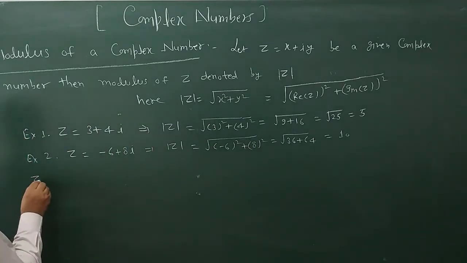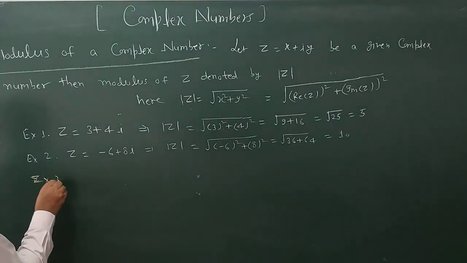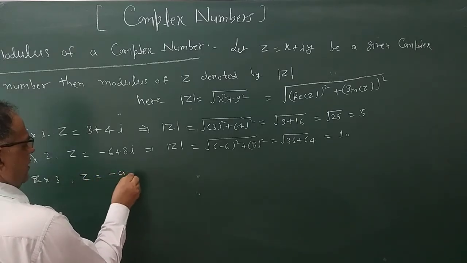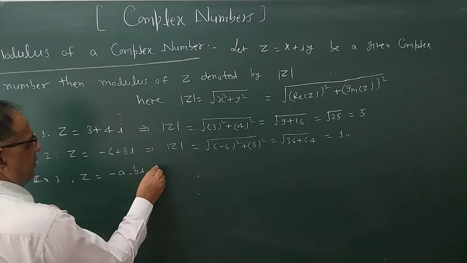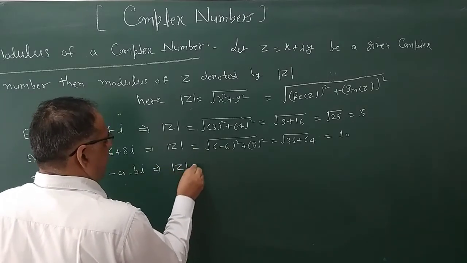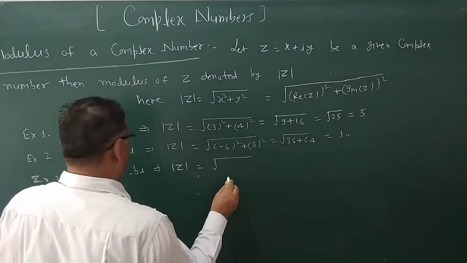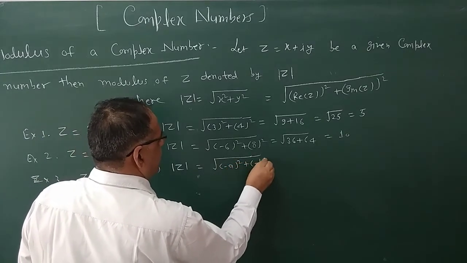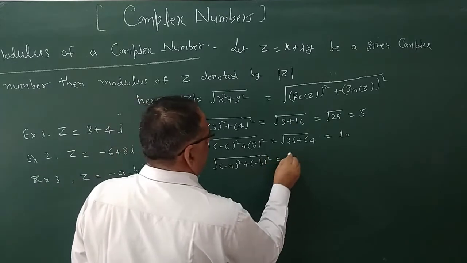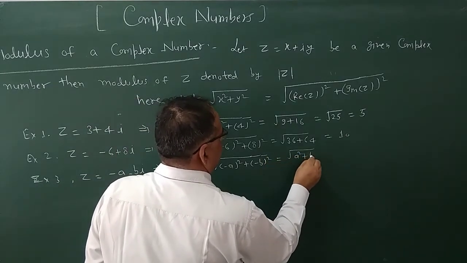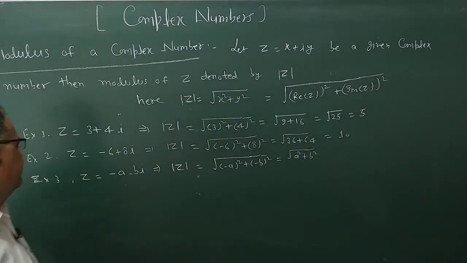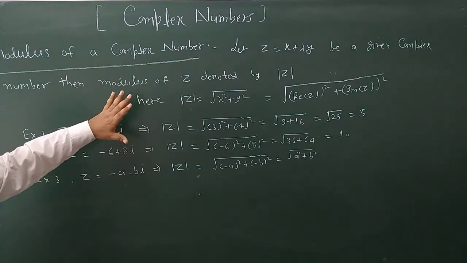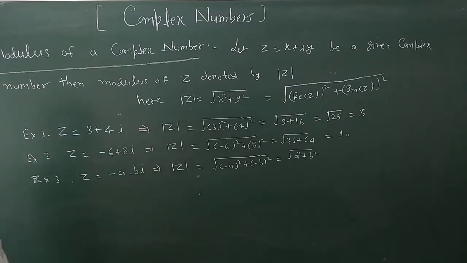And another example, z equal to minus a minus b iota, that means magnitude of z equal to square root of minus a whole square plus minus b whole square, that means square root of a square plus b square. So this is the way by which we can find the modulus of a complex number.